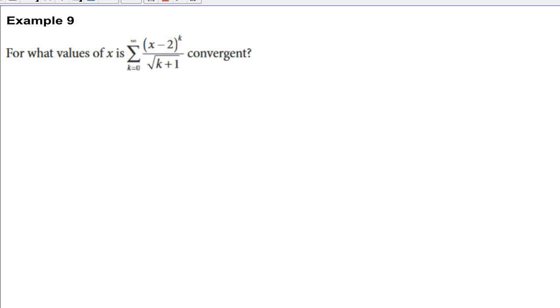Next question. Find the values of x that will make this series convergent. So basically, we want to find the interval of convergence for this series. So we're going to use the ratio test.